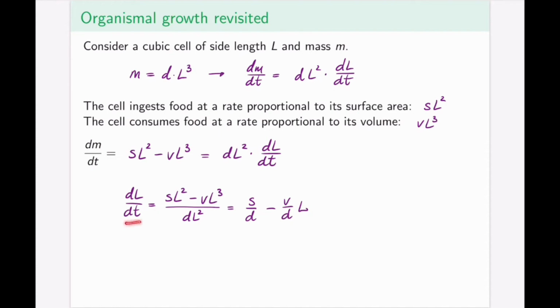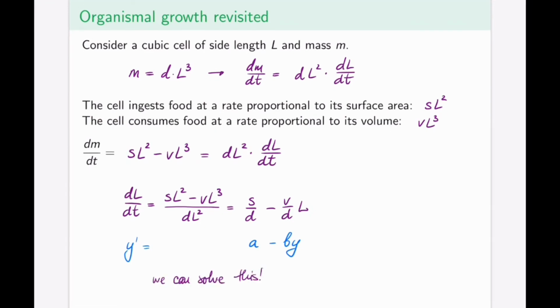What I have here is the derivative of L is equal to some constant minus some other constant times L. This is exactly of the form y prime equals a minus by. So the great news is that before, this was the equation we did not know the solution to, but now we can, in fact, solve it.